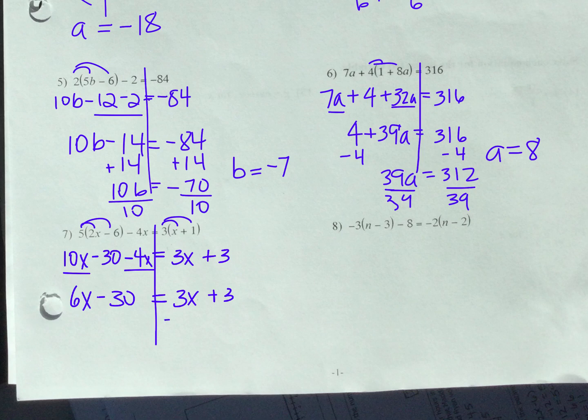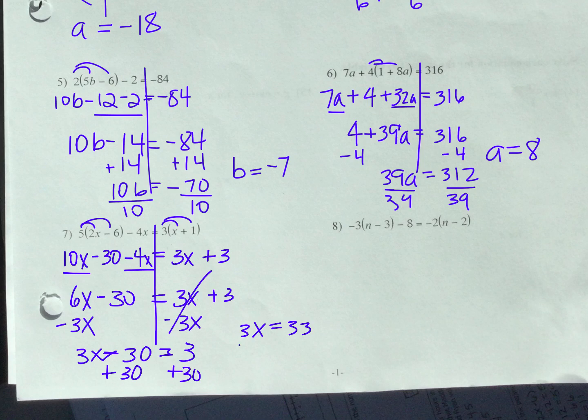I need to get the x's together, so I'm going to subtract that 3x and move it over, which leaves me with 3x minus 30 equals 3. To get that 30 to move, I got to add. So now I have 3x equals 33. We'll divide by 3, and x will equal 11.